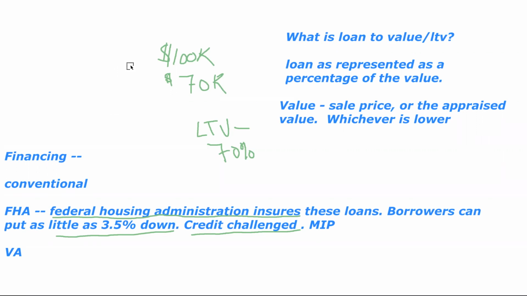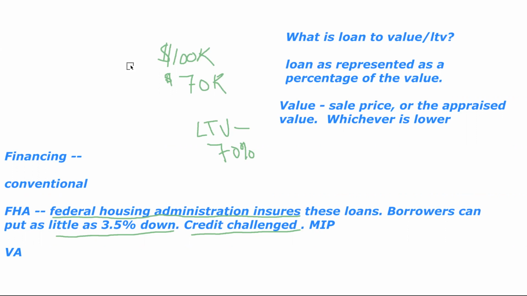Now, there's minutia in regards to when you would have to be paying mortgage insurance premium as a borrower, but it's similar to PMI on a conventional loan, and we'll talk about that in a second. But MIP is simply the initials that they will use for mortgage insurance premium.